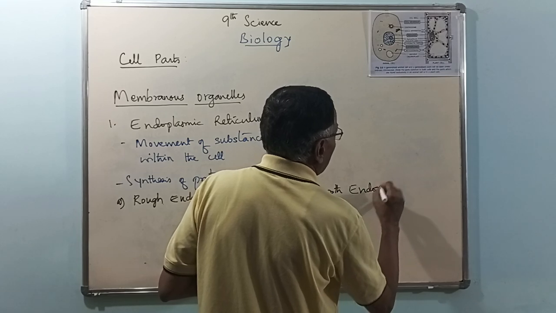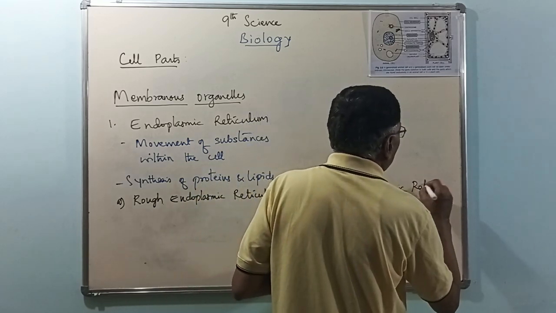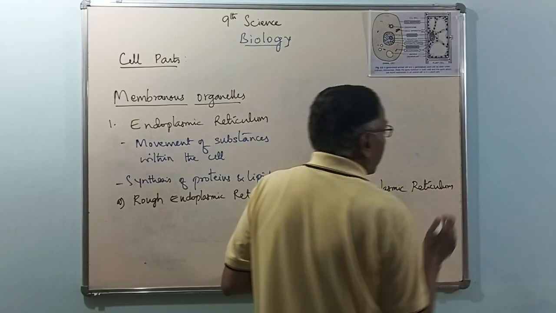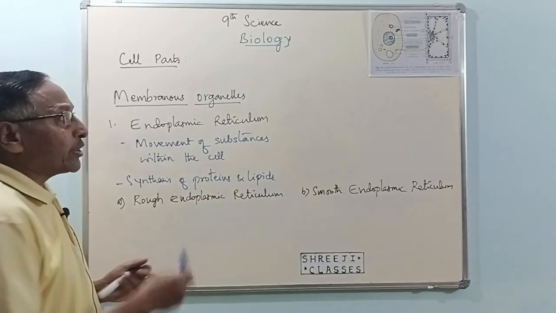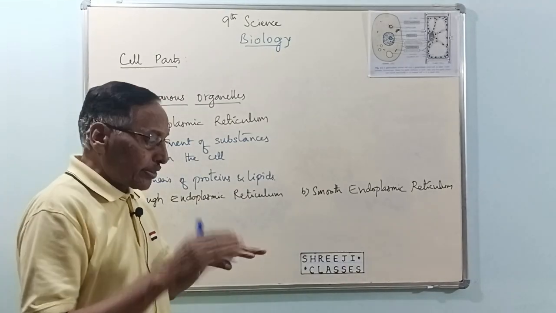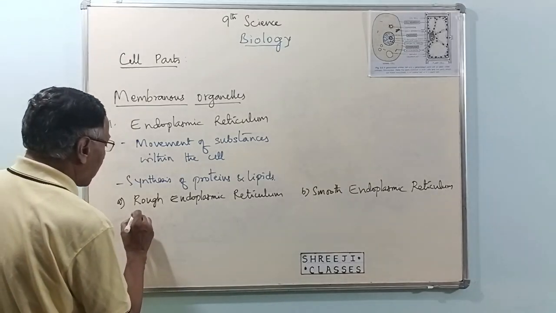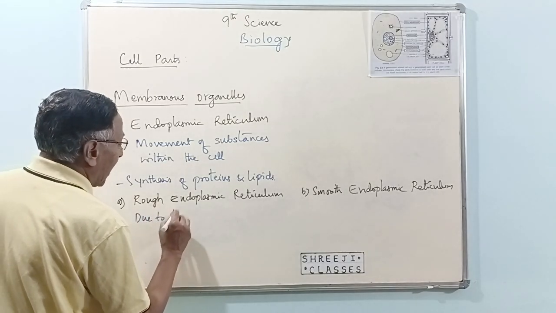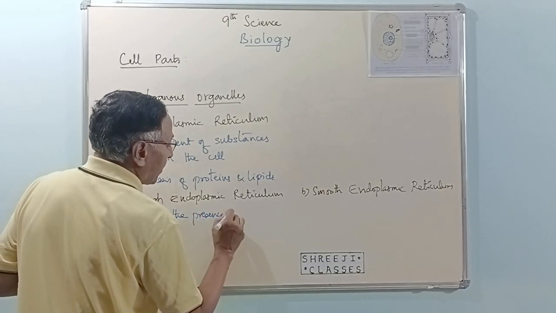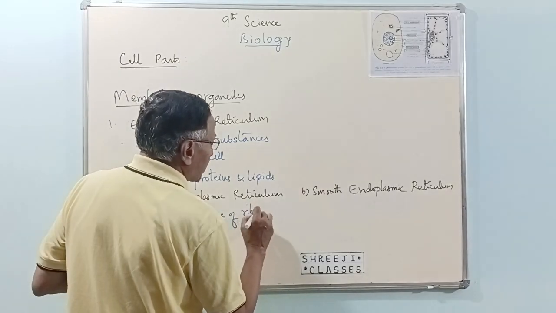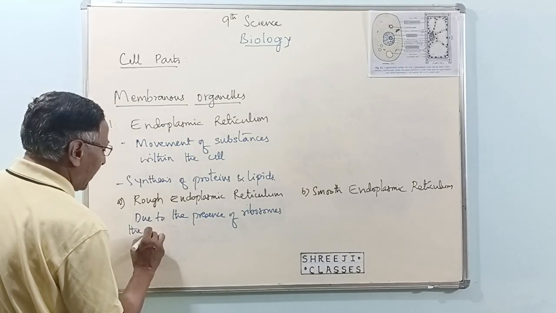It is called rough endoplasmic reticulum because its surface is rough. Why is the surface rough? Because there are ribosomes. Due to the presence of ribosomes, the surface is rough.